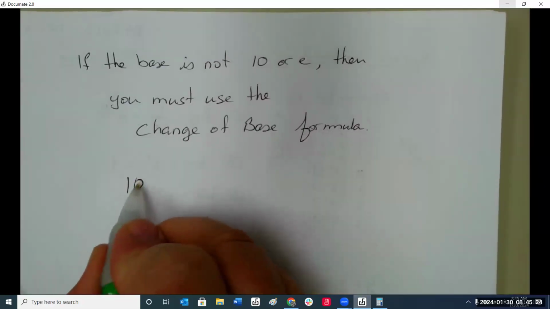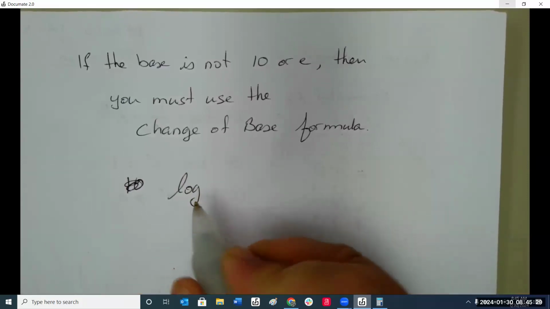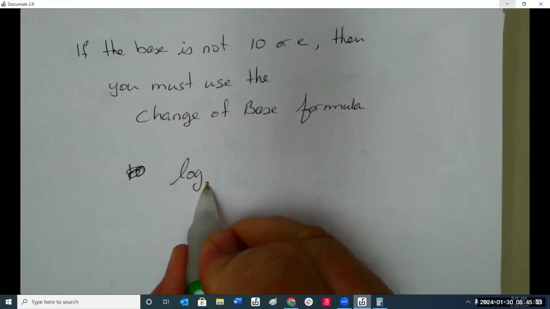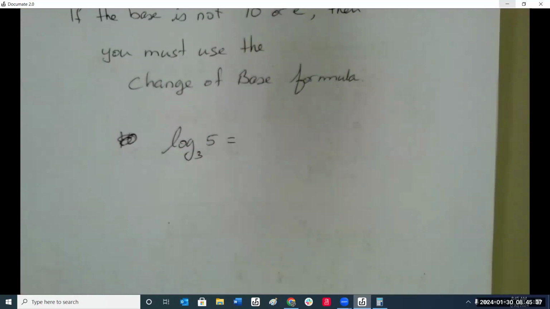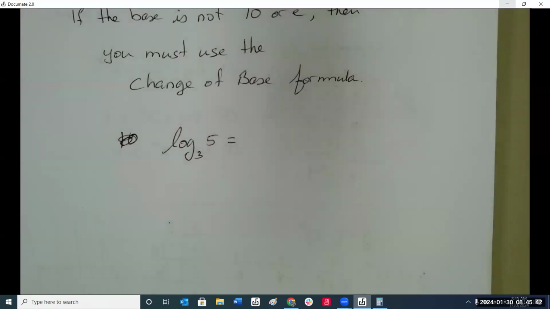In other words, if I gave you log, what was that one? Log base 3 of 5. What we have to do is convert this equation into either log base 10 or log base E.